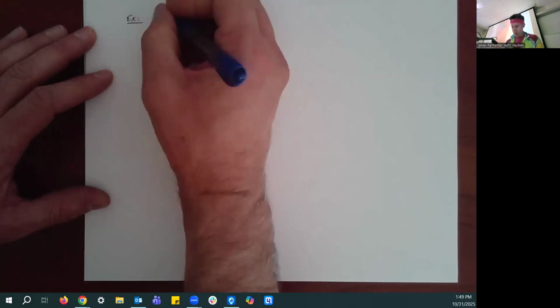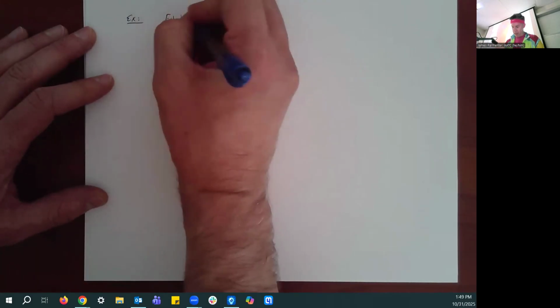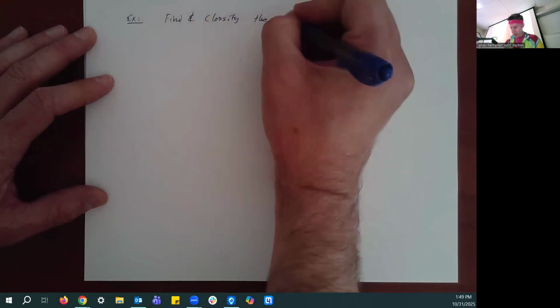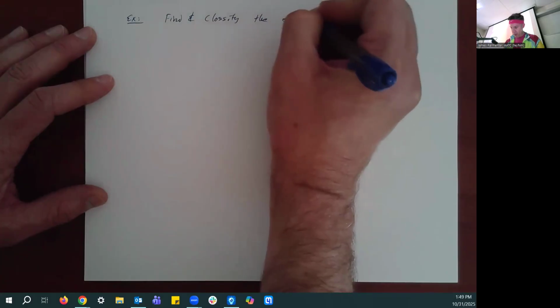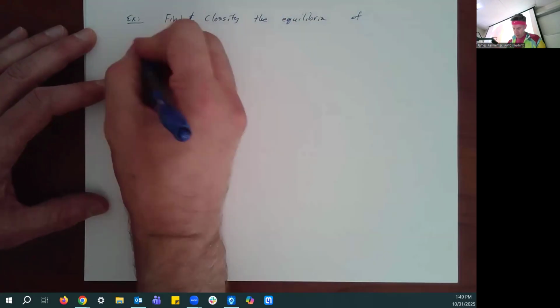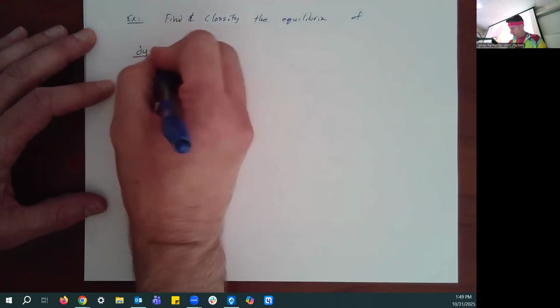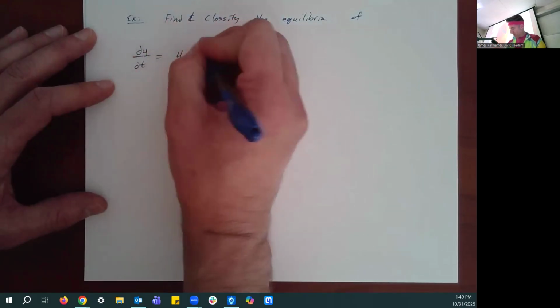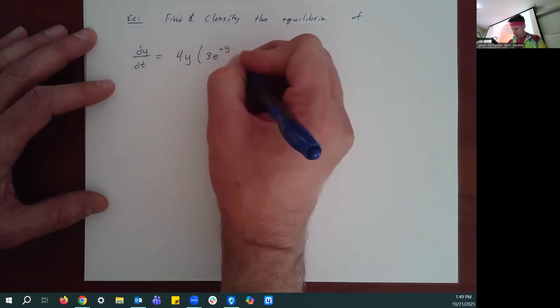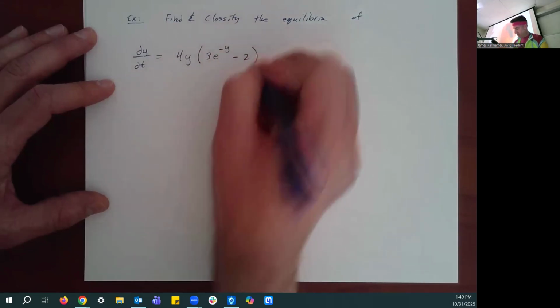For example, let's say we want to find and classify the equilibria of this differential equation: dy/dt equal to 4y times (3e to the negative y minus 2).